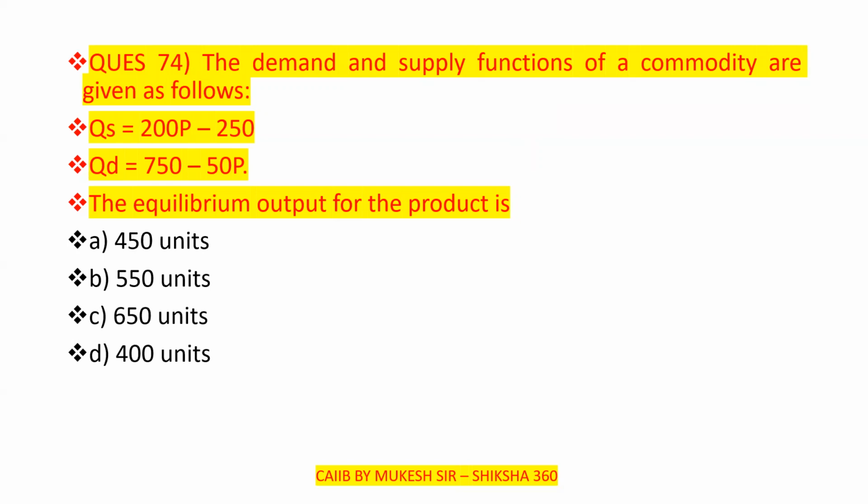So what does the question say? The demand and supply functions of a commodity are given as follows. This is QS, the quantity supplied, and this is the quantity demanded. Find the equilibrium output.